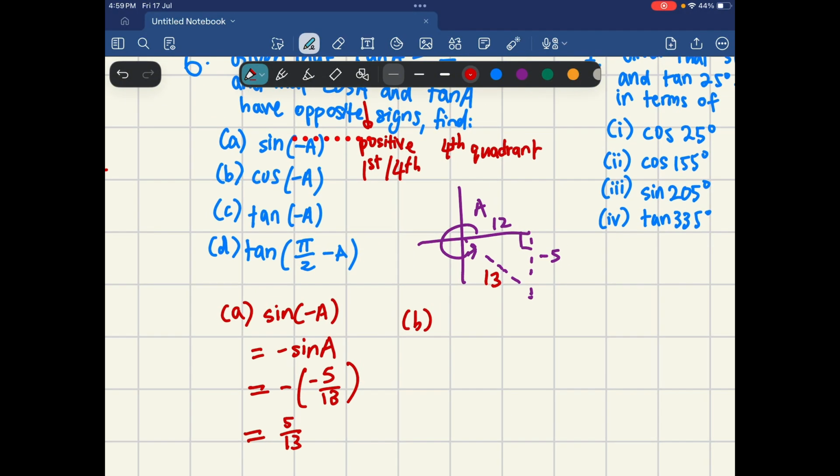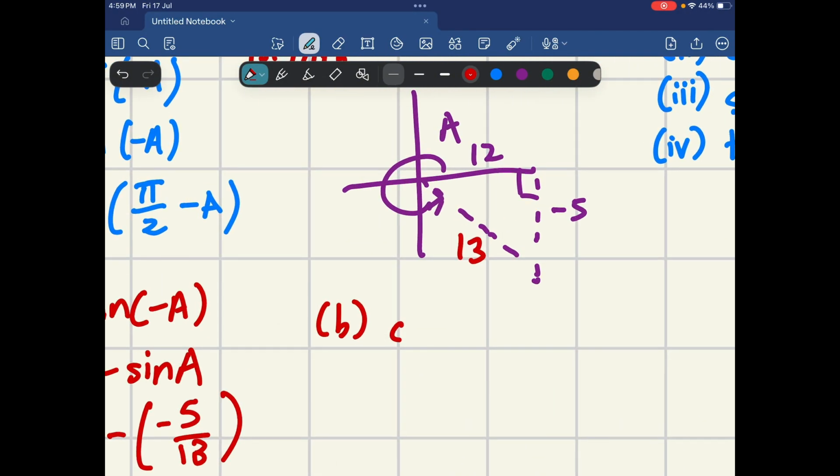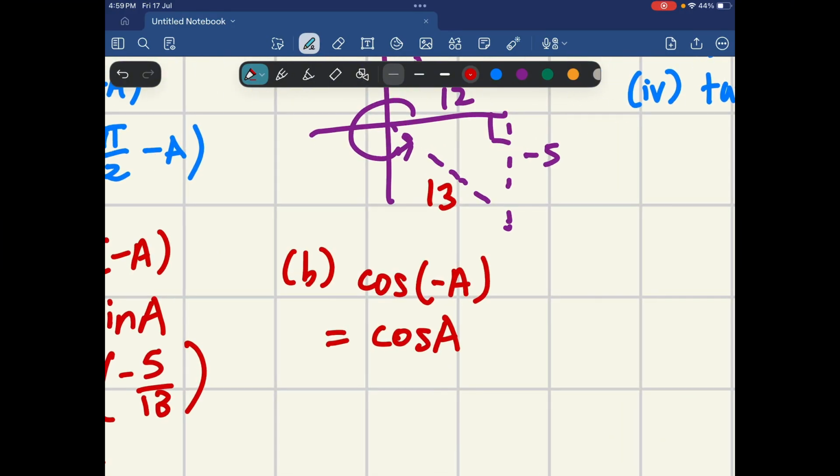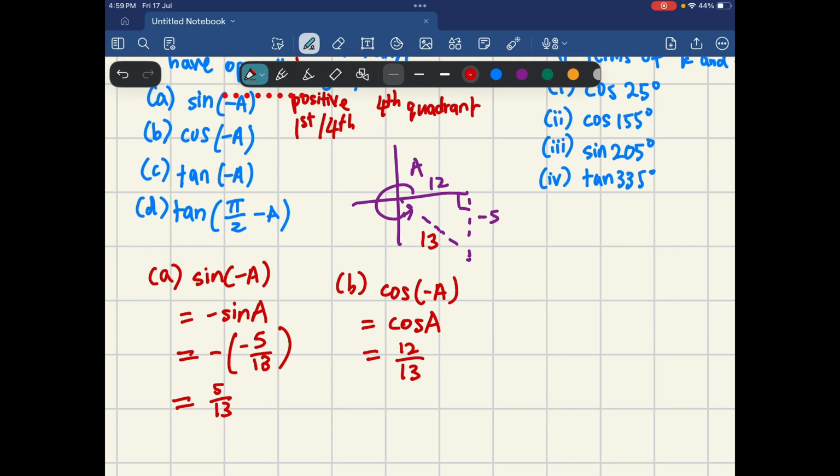And B wants us to find cosine of minus A. This is just cosine of A. And cosine of A is 12 over 13, since it's adjacent over hypotenuse.